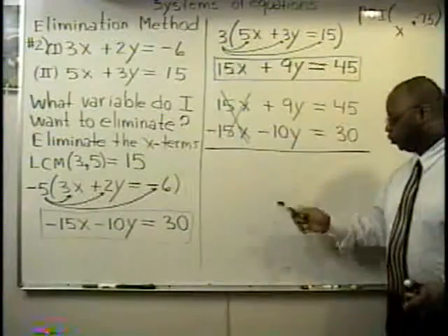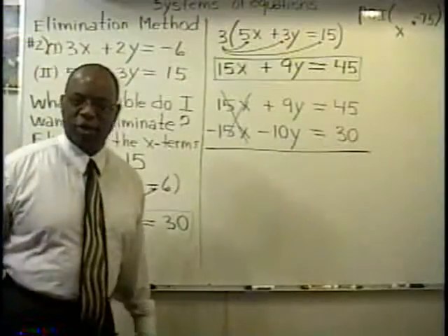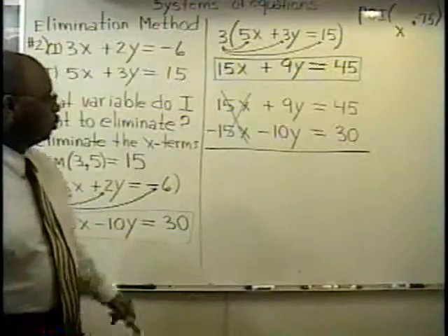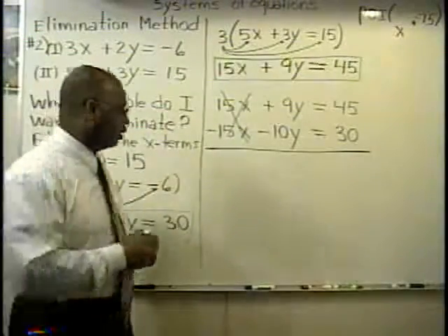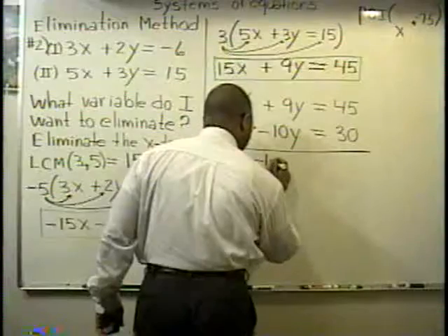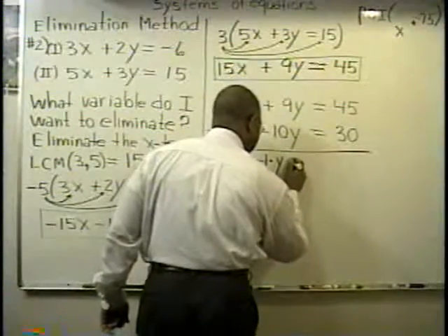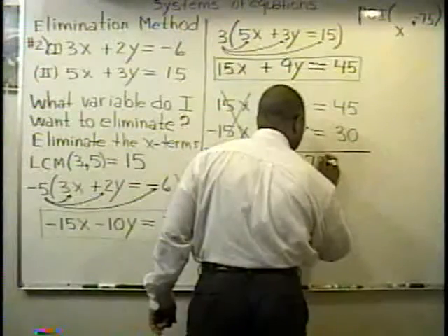What happens with these two terms? Yes, they are opposite in sign, so we can subtract. So I get 9 minus 10, which is going to give me, yes, negative 1, and I'm going to show that. Negative 1 times y is equal to 75.